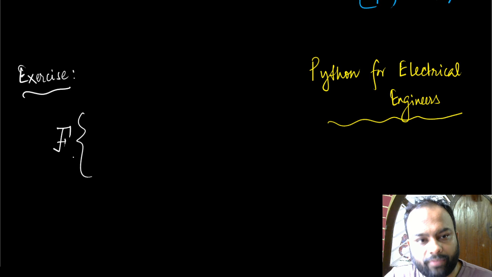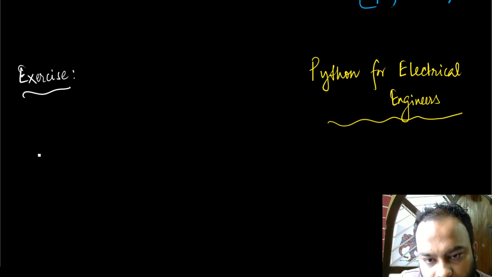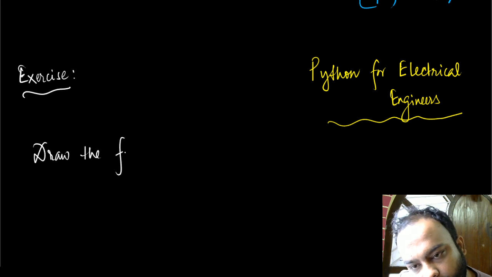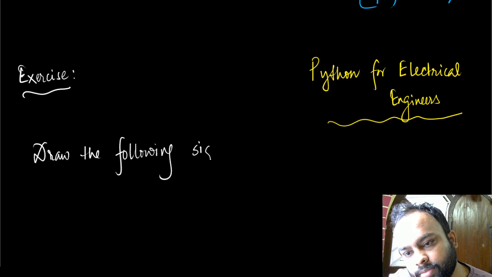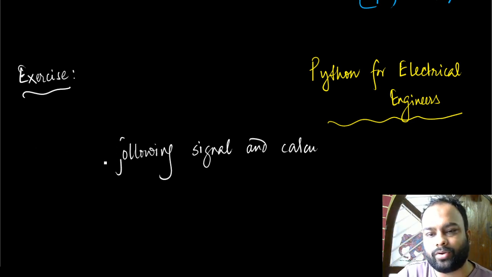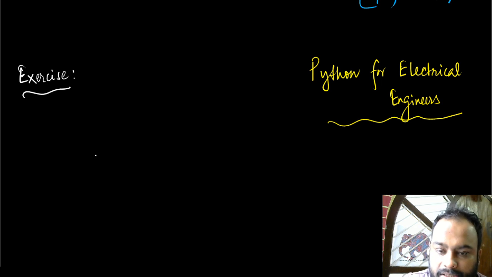The question is, draw the following signal and, okay, let's forget drawing. It will be very difficult for you to draw, I think, with your current expertise. Let me give you a signal.